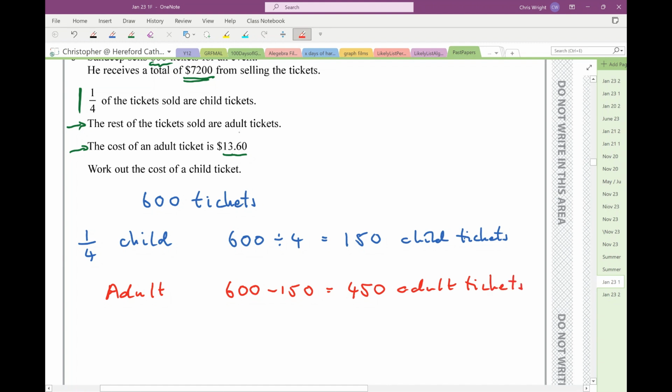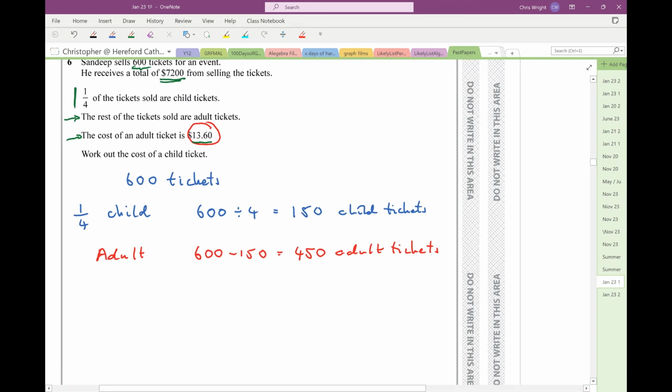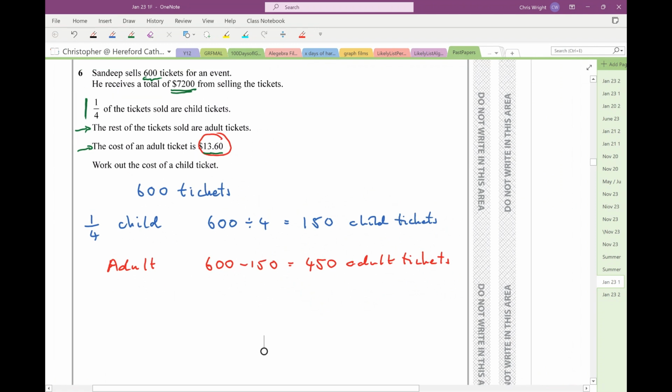Oh, wait a minute. The cost of an adult ticket is $13.60. So I can work out how much money he got from selling the adult tickets. 450 adult tickets sold for $13.60 each. 450 times 13.60. Right, that's $6,120.